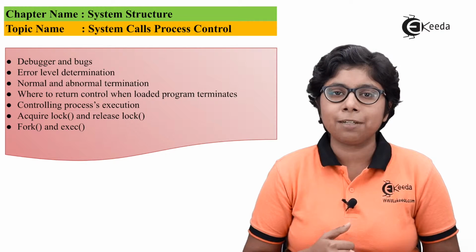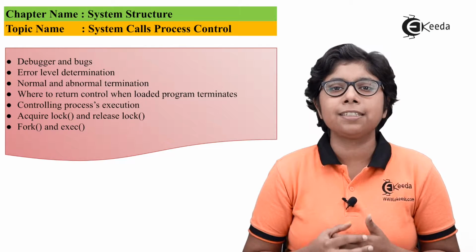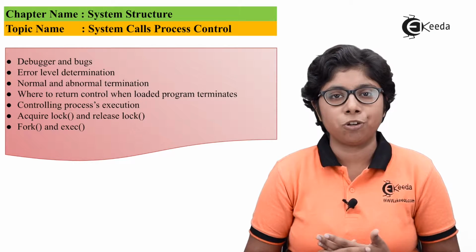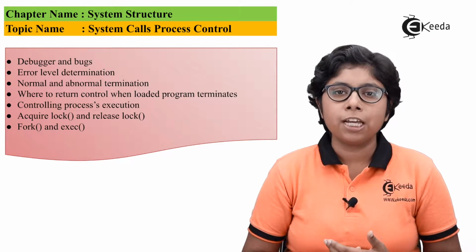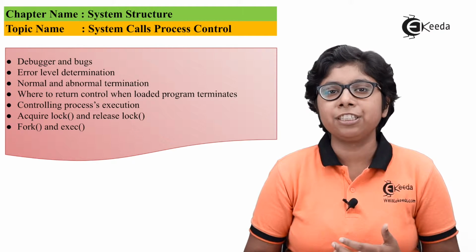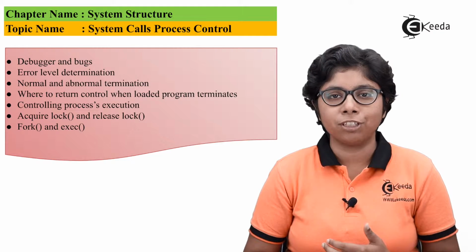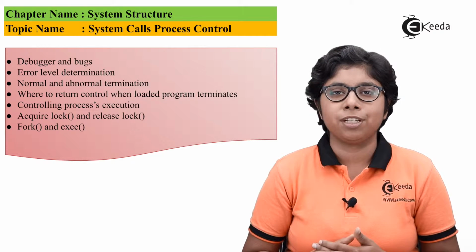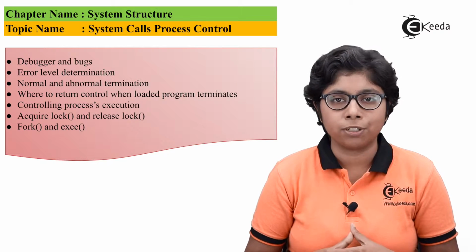In a batch system, the command interpreter terminates the entire job and then continues with the next job. In a GUI, a pop-up window alerts the user about an error and asks for guidance. These are the different ways in different user interfaces that we can handle errors in a process.